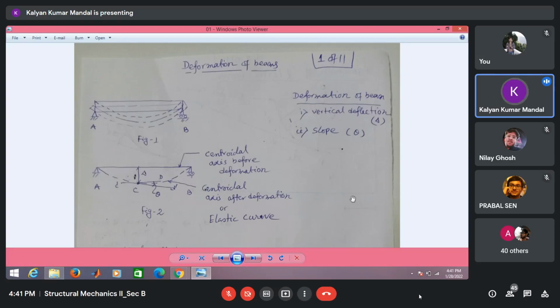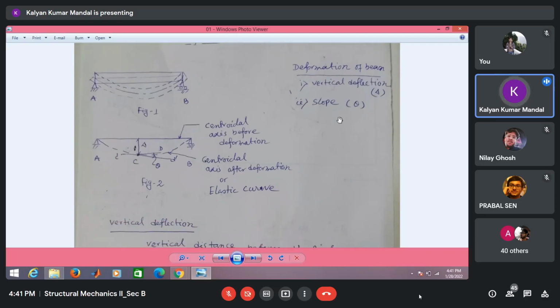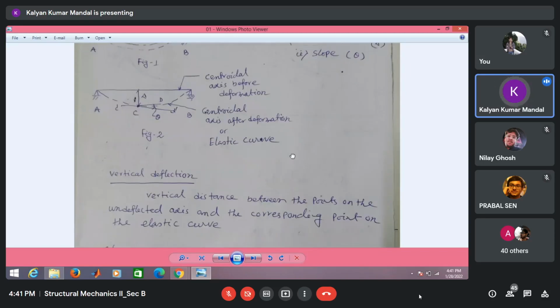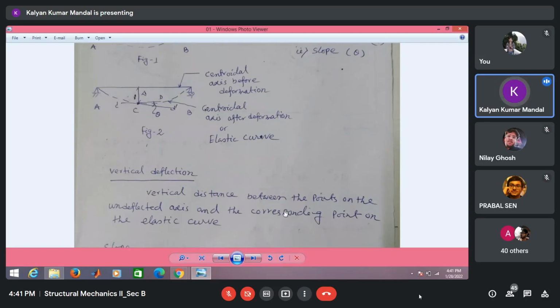In the beam, there are two deformations: one is vertical deflection and the second is slope. Vertical deformation is the distance between the point on the undeflected axis and the corresponding point on the elastic curve.